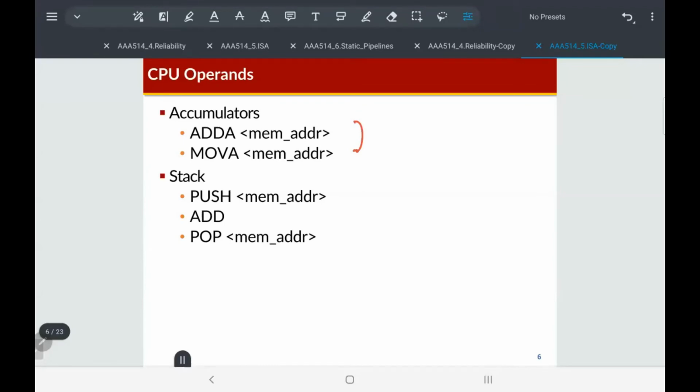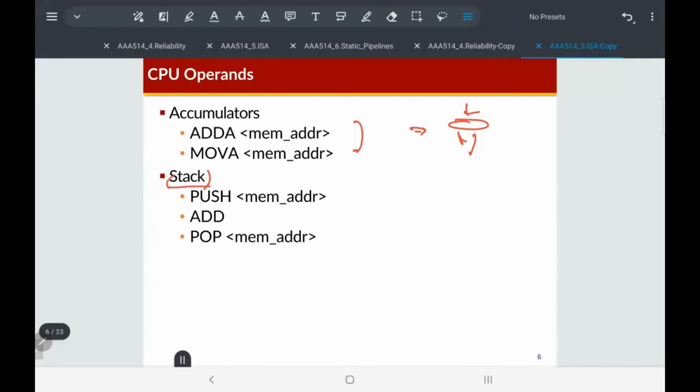Accumulate instruction means that we just accumulate some values to some accumulation registers. Add A means that the data is read from the main memory by this memory address, and then this data is accumulated to some specific registers, the accumulation registers.